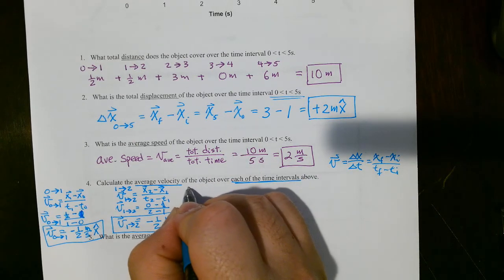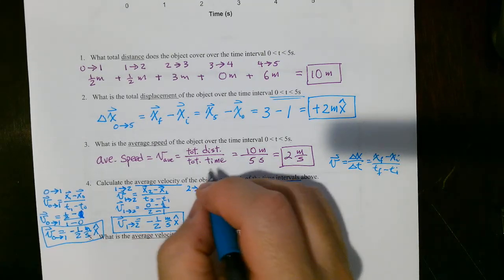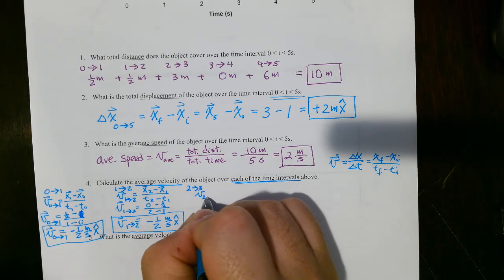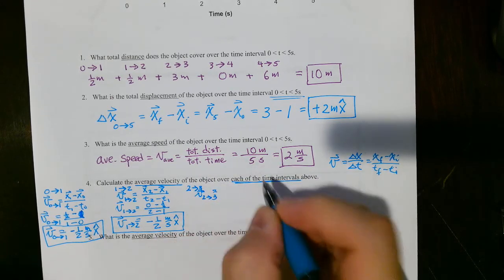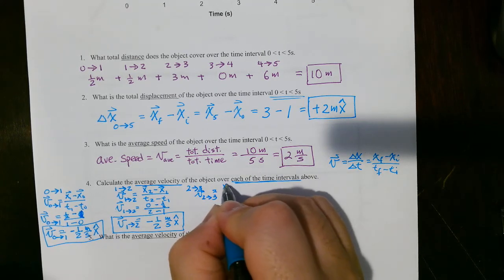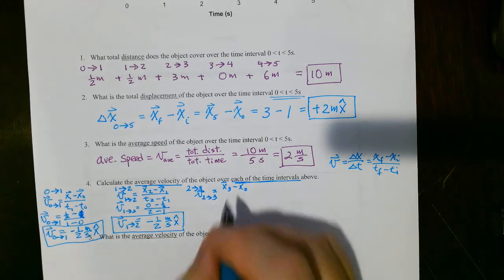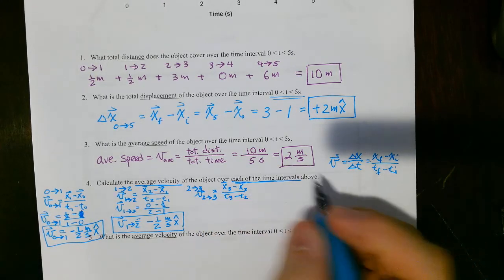All right. And then from 2 to 3 seconds, my v of 2 to 3 is equal to x3 minus x2 over t3 minus t2.